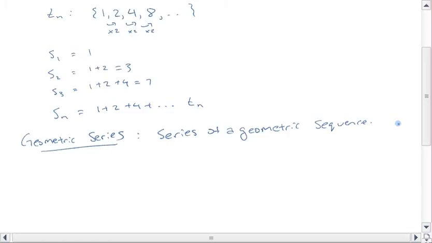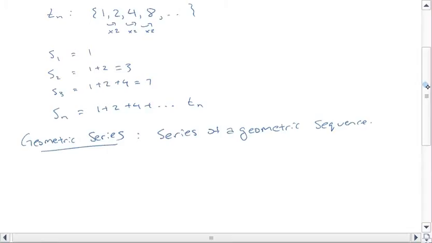But what I want to do now is just like we did for arithmetic series, right? Remember how we came up with an equation for arithmetic series that told us what Sn would be for any n, so what the sum of the first n terms of any arithmetic series would be for any n. I'd like to give you something similar for a geometric series.